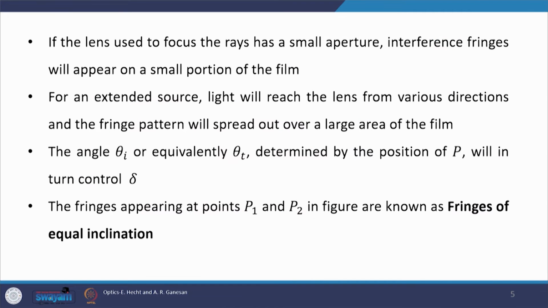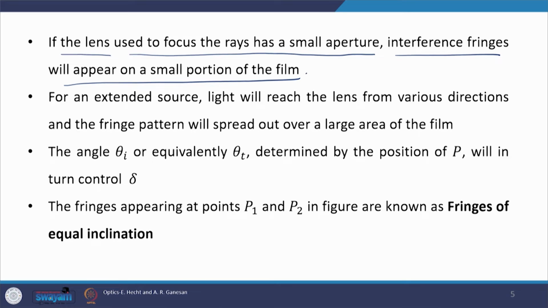Now, there are a few points which must be noted before moving ahead. If the lens used to focus the rays has a small aperture, then the interference fringes will appear only on a small portion of the film. If the aperture is very small, then the fringes will appear only on a very small portion of the film.